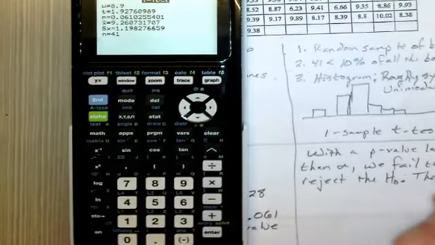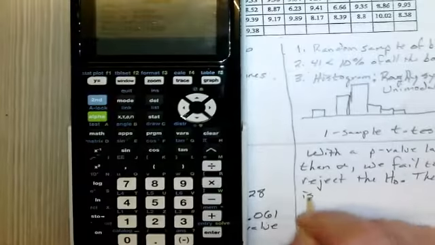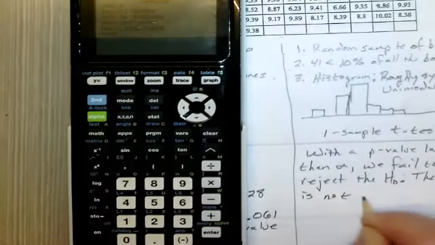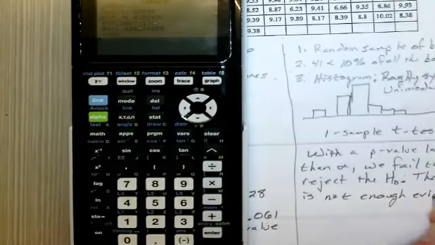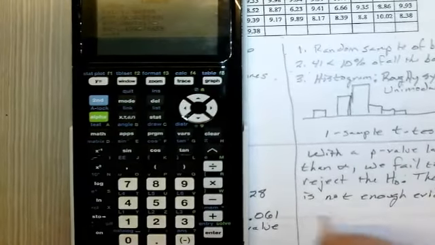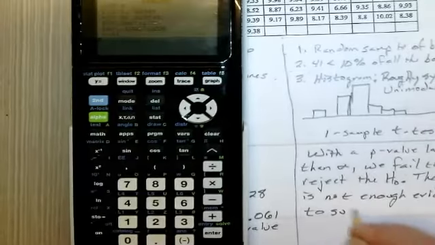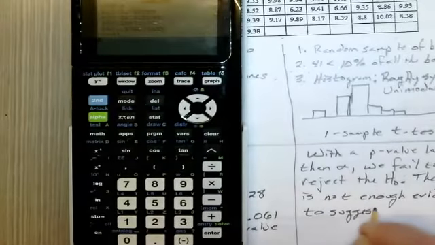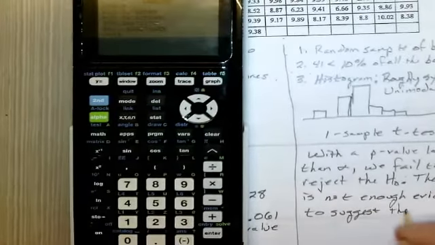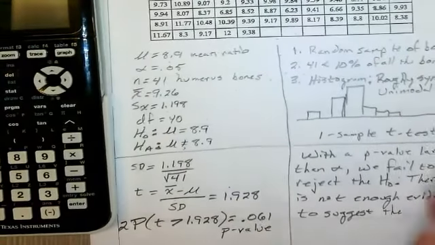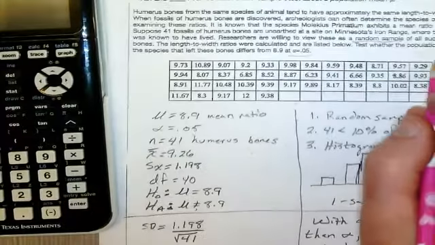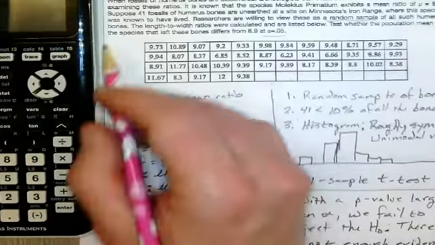There is not enough evidence to suggest the population mean for this species, which I'm simply quoting from up here, "test whether the population mean for the species that left these bones differs from 8.9."